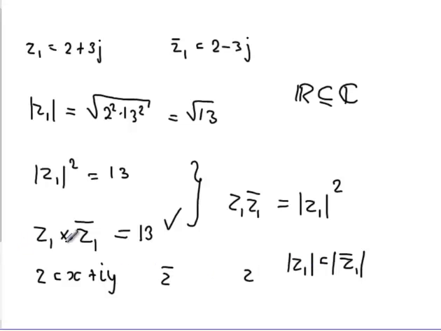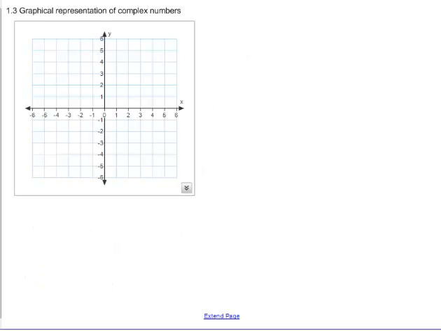Okay. Then I'm going to move away from there and come to another part of our work. Now, this is the graphical representation of complex numbers. I think this is a repetition of some kind, because from the beginning complex numbers and the system of coordinates look very close to each other.